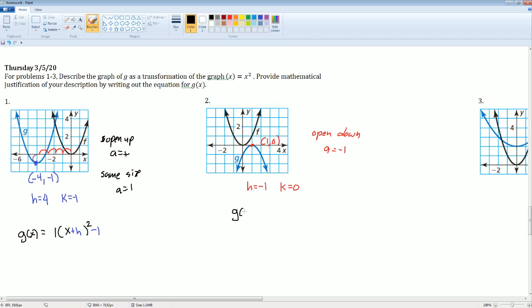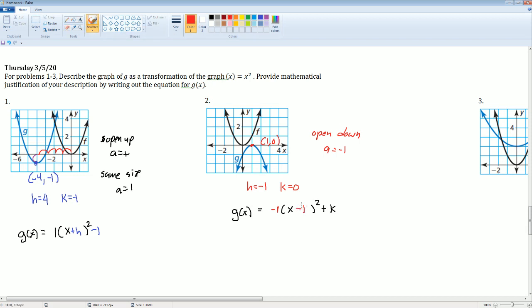So g of x is equal to a times x minus h squared plus k. Remember, this is just the vertex form. First of all, there's going to be a -1 in front because it flips down. Then the h here is -1, so we just write it.